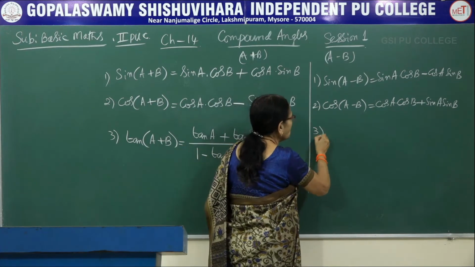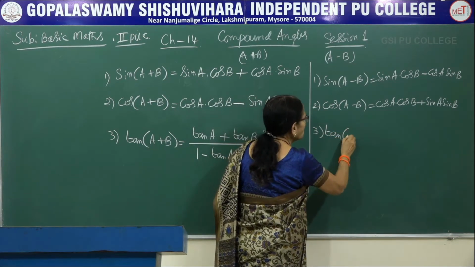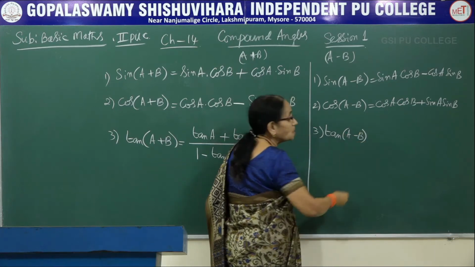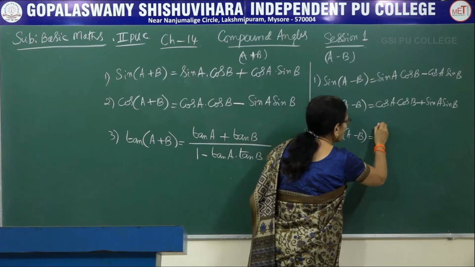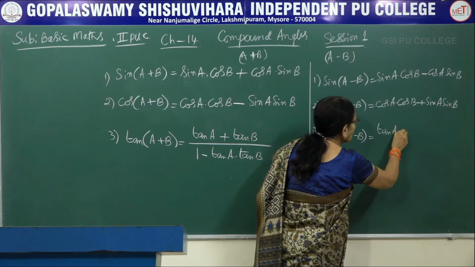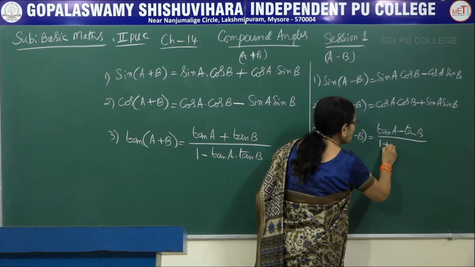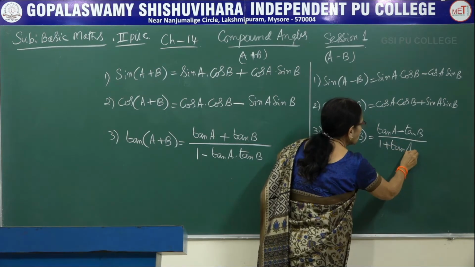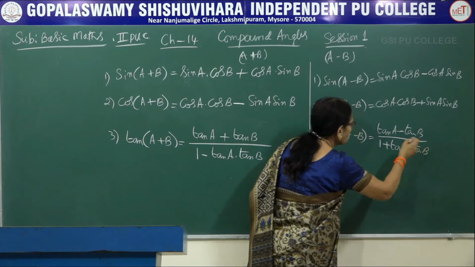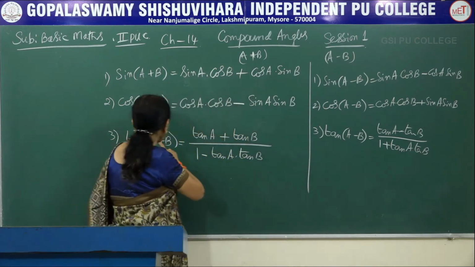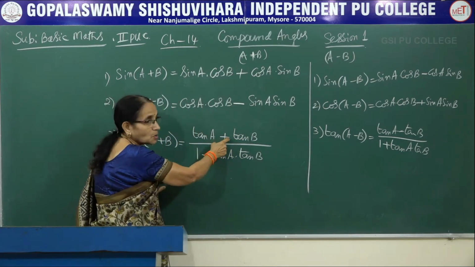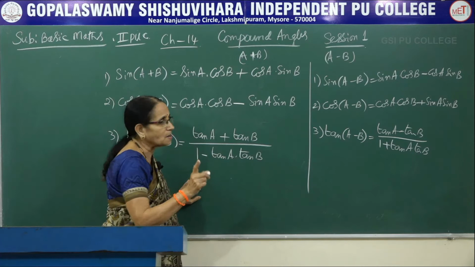The third one is tan of A minus B, the difference of the ratios. Here again it is tan A minus tan B divided by 1 plus tan A into tan B. Earlier we had a plus sign, the numerator was positive and the denominator had a negative sign.